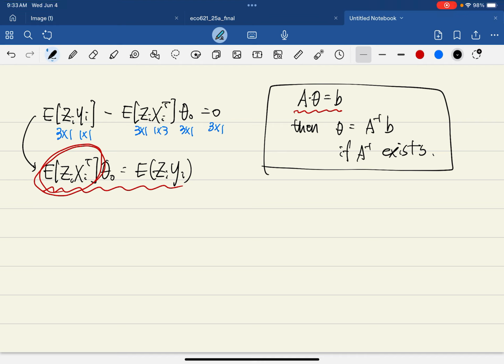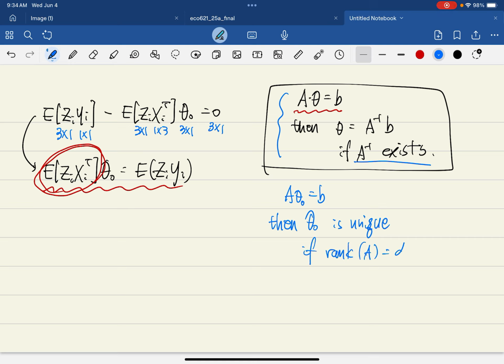Maybe okay, so let me generalize it. So this is when it exists, but usually when we say then theta 0 is unique if rank of A equals dimension of theta.